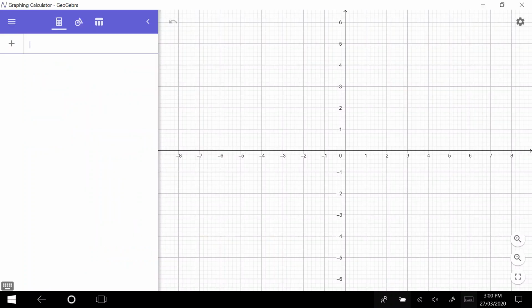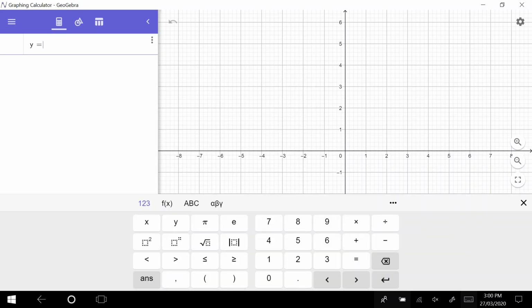So then I can start typing these in, and I'm going to type in the two different ones. My first equation is going to be y equals 2 outside of (x take 4). Enter. And that gets me a line there.